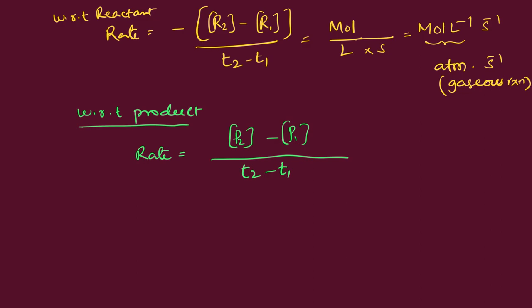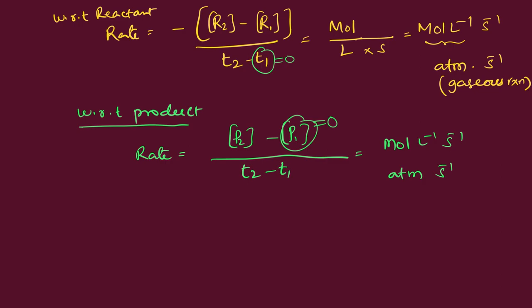So in this case, the same unit will come, mole liter inverse second inverse. In case of gaseous reaction, that is atmosphere second inverse. So in this case, time is 0, and P1 is 0. Then you put 0 only, no problem.